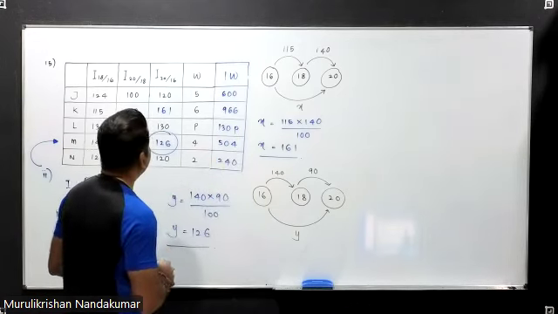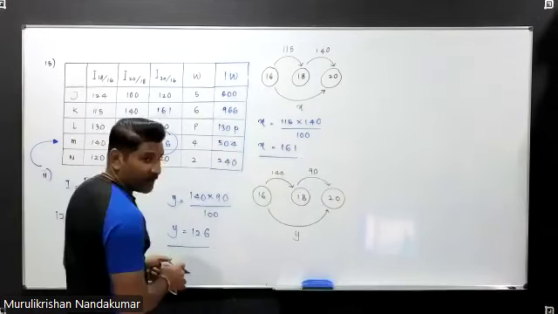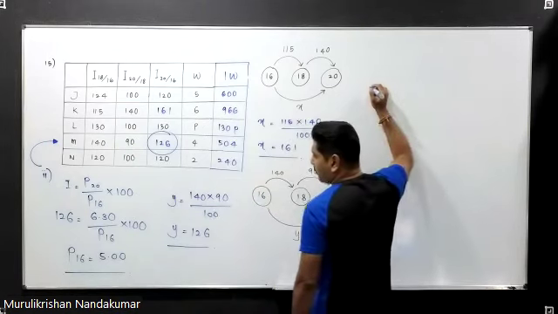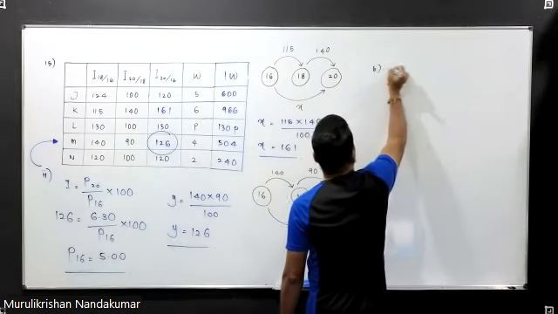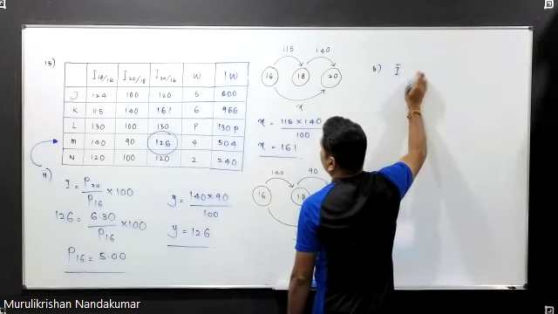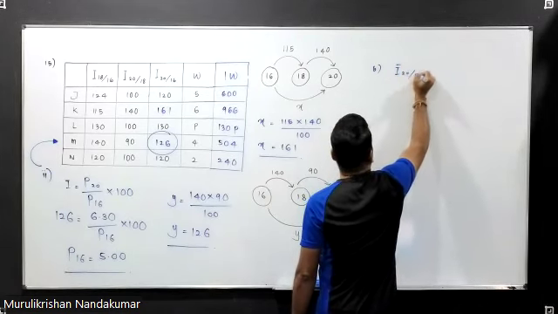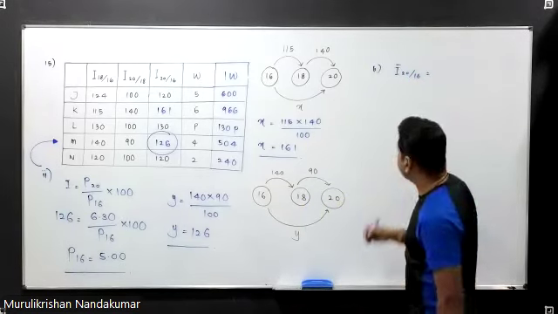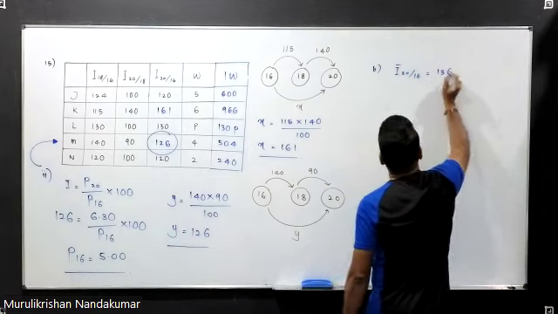Okay, got it. So now we do the composite index. What question is that? Question B. The composite index has already been given: 136.